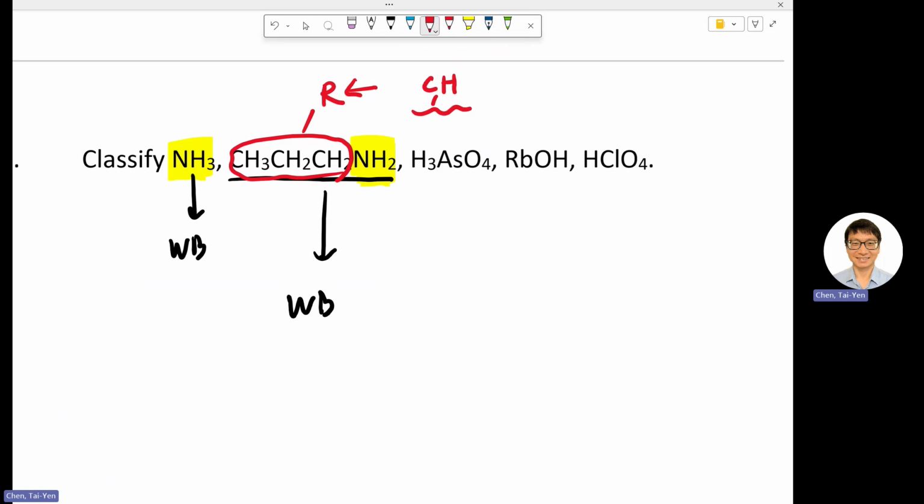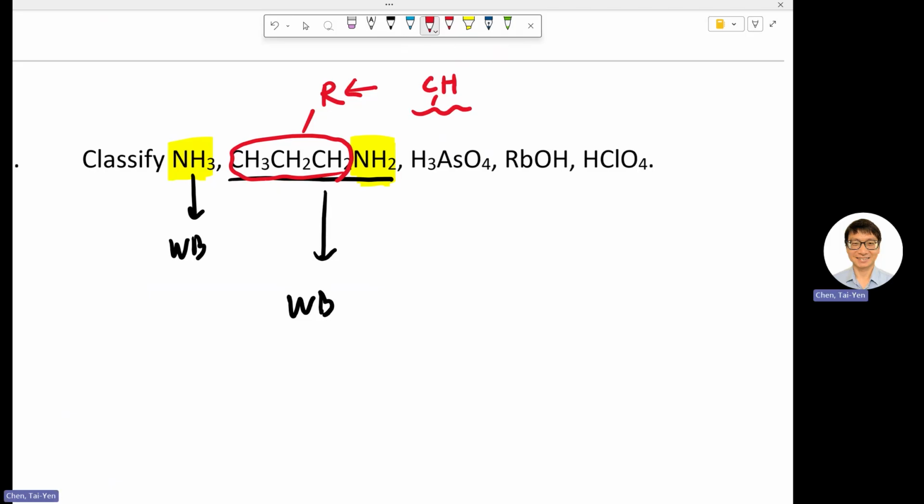Because the thing that really matters is the amine. Amine is called a functional group. You'll hear the term functional group a lot in chemistry because different functional groups have different properties. Those functional groups dictate the property of the whole molecule.